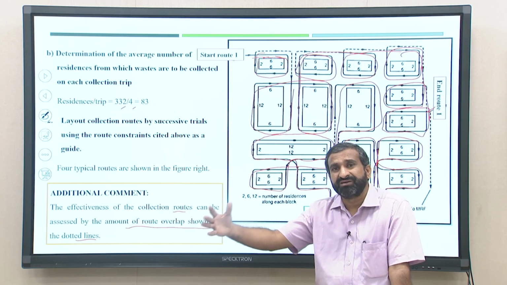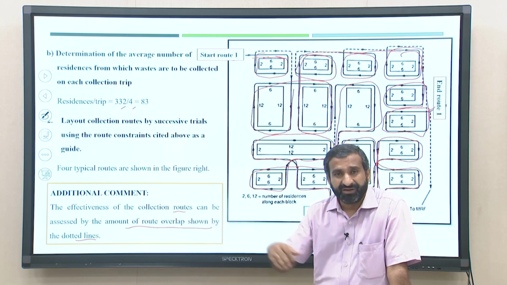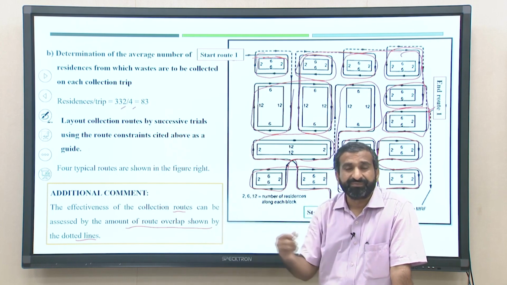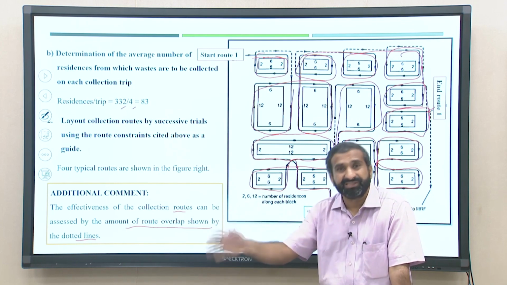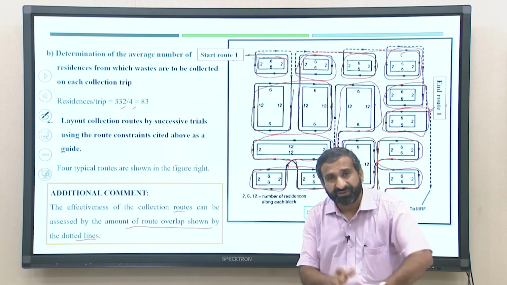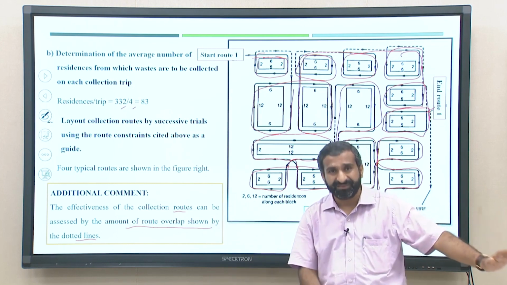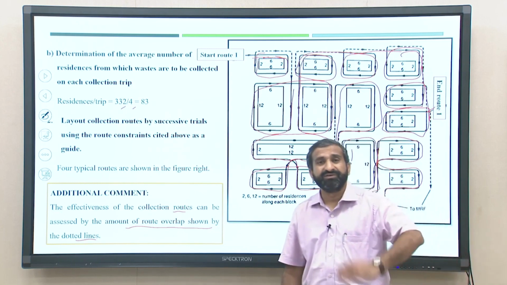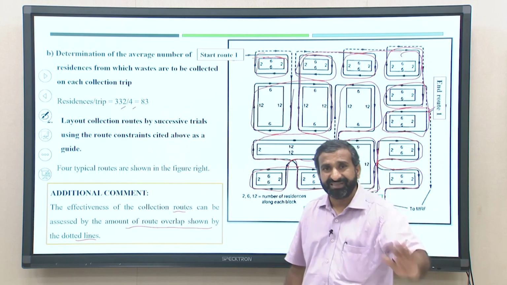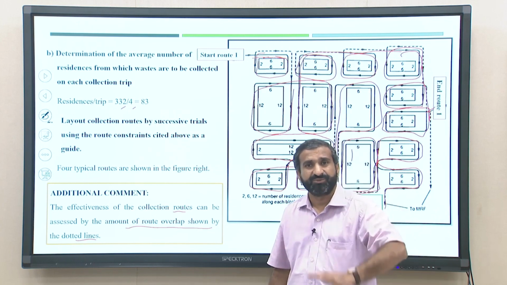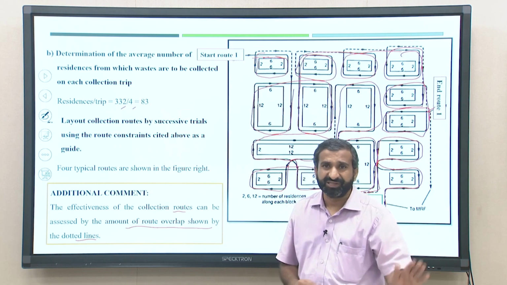For some geographic areas the routing could be different, even the collection system could be different, whether hauled container or stationary container system. Even the primary collection service could be changed, and based on that it is possible to finalize the collection route.